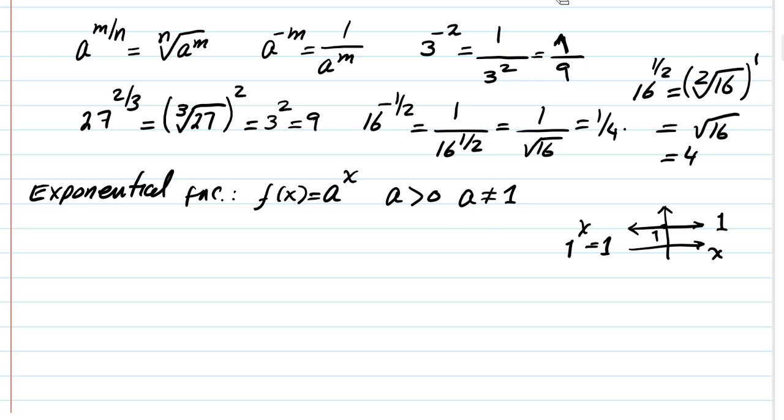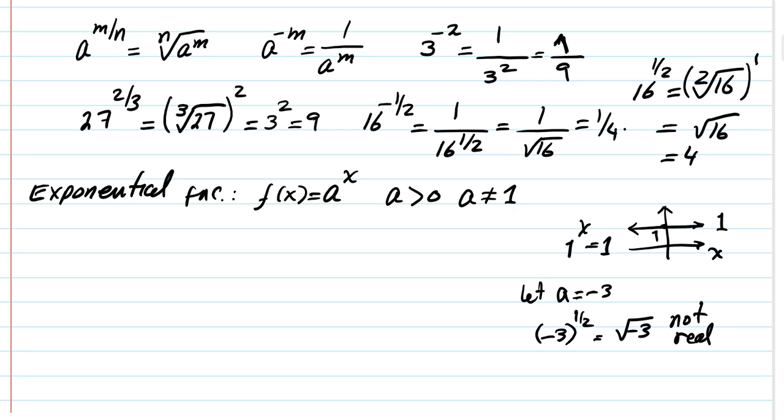The reason a has to be positive is this. If I let, for example, a be negative 3, a negative number, and I have negative 3 to 1/2, then I can rewrite this using the radical form as the square root of negative 3. Now, the square root of negative 3 is not real because the radicand is negative. A real number times itself cannot equal a negative.